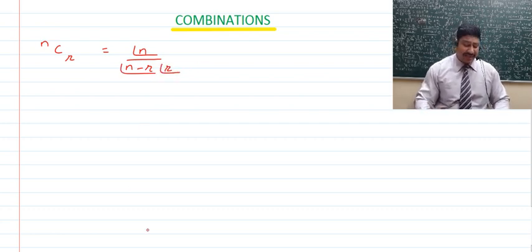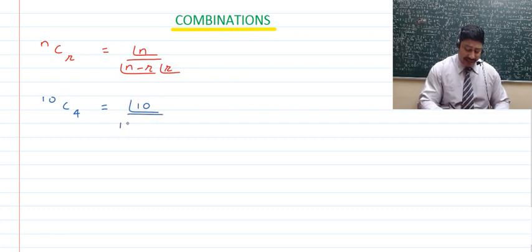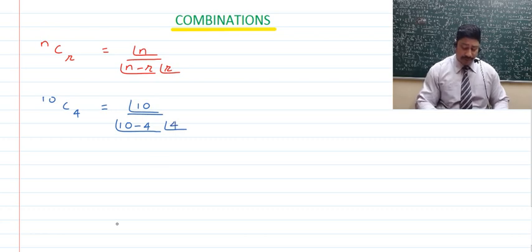To have an example, let us consider 10C4. We can write this as 10 factorial divided by (10 minus 4) factorial times factorial 4.